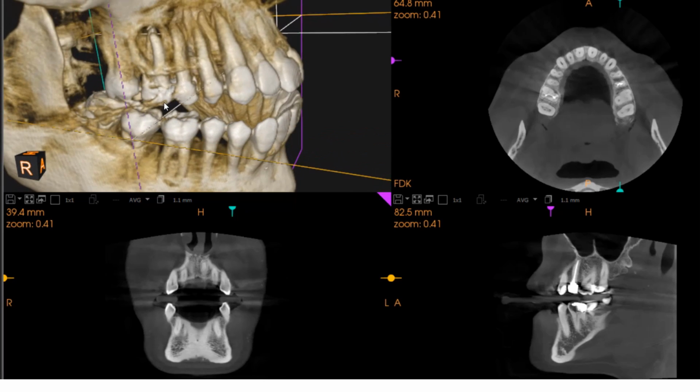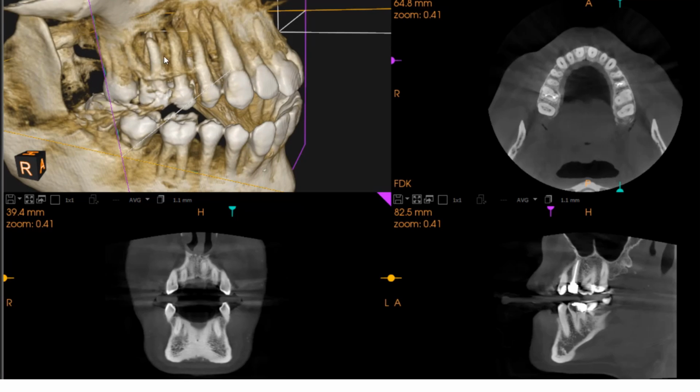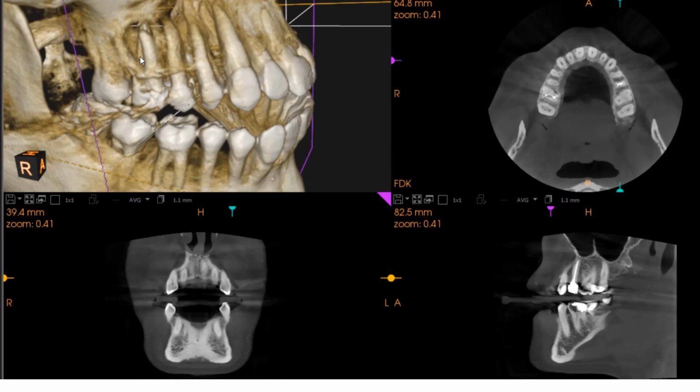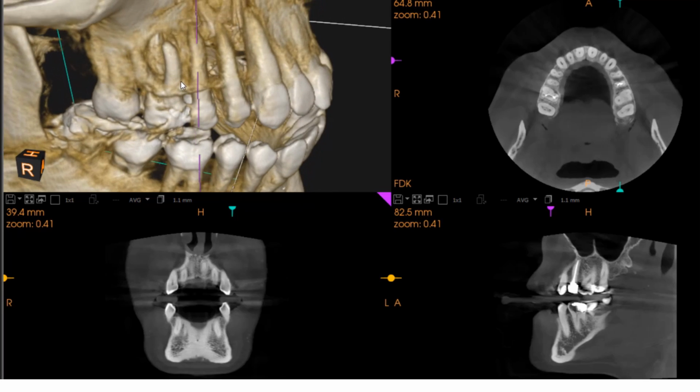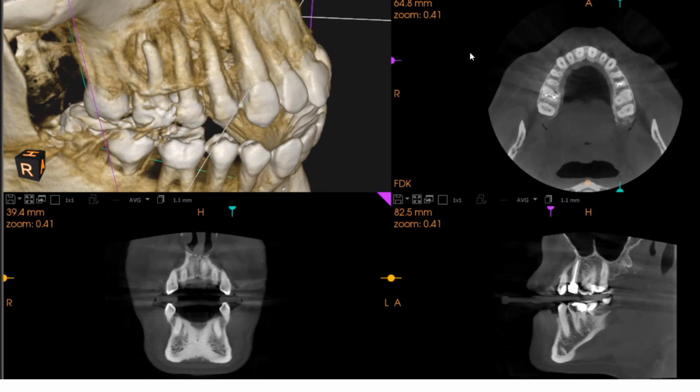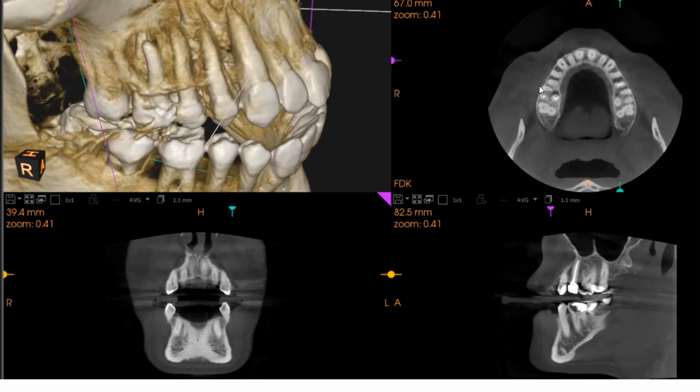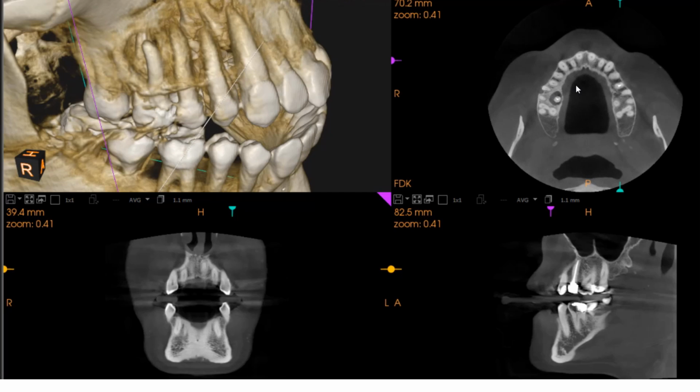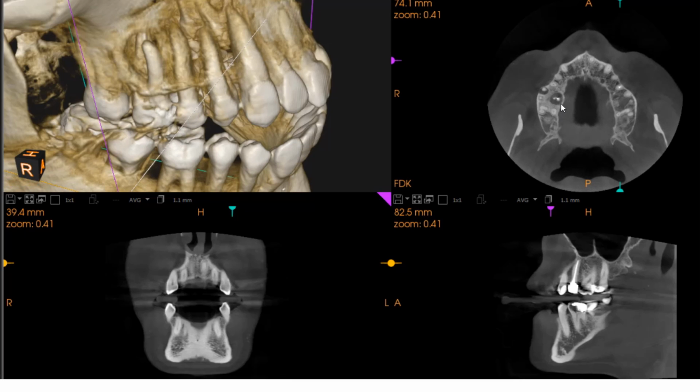By CBCT you can see the resorption of bone of the mesial buccal root is very evident here, and by the axial you can see the palatal root has got a big lesion, and the mesial buccal cortical plate is destroyed.